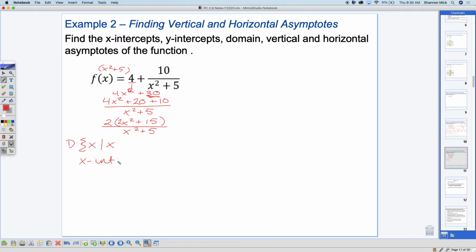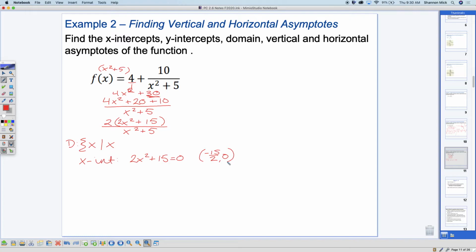You set the numerator equal to 0. Top equals 0. Now, do I have to put the 2 equal to 0? No, because 2 can't equal 0. There's no variable with it, is it? So I have 2x squared plus 15 equals 0. So that would be subtract 15 and divide by 2. Negative 15 halves, so what, negative 7.5?